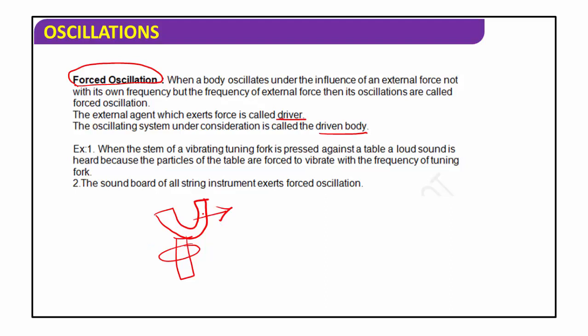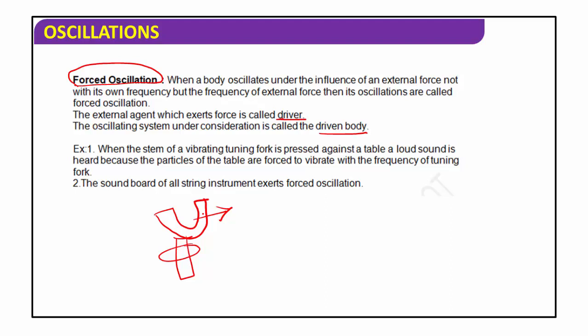Another example is a bell. When you do pujas at home or in temples, you use bells. A bell oscillates continuously when you apply an external force on that bell, then only it oscillates along its axis, otherwise it does not oscillate. That is the best example for forced oscillation.